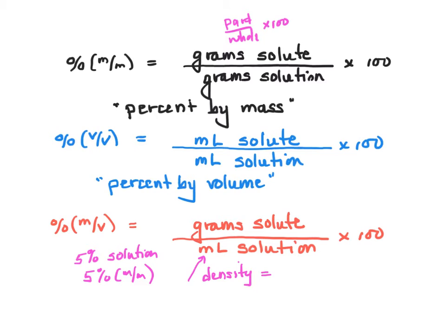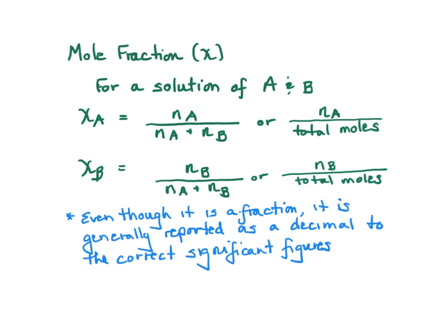But remember, when you're doing density, it would be mass of a substance over the volume of that same substance. Whereas here, we have the mass of the solute over the volume of the entire solution. So percent mass over volume and density are different things, and try not to confuse them too much.